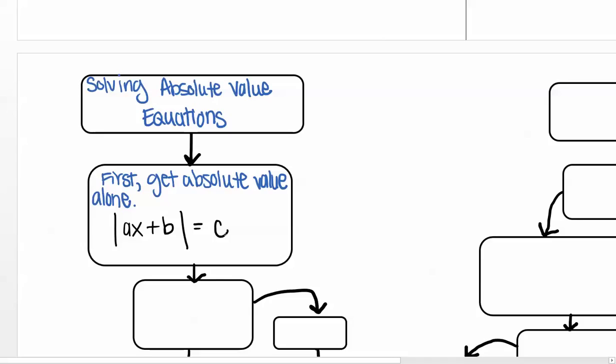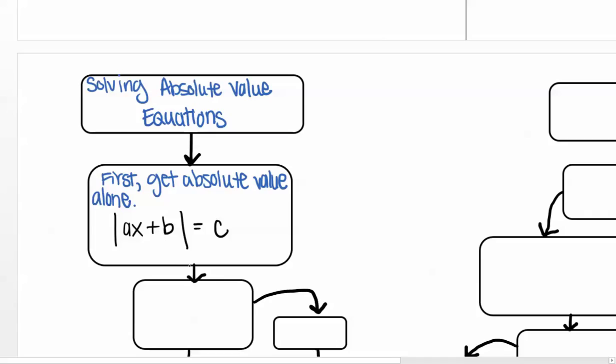So c is just some number on the other side. If there's anything multiplying by the absolute value, don't distribute it. You cannot distribute with an absolute value. You would want to divide both sides by that. If there's anything adding or subtracting to the absolute value, you want to move that over, just like you would in a regular old equation. But think of it like you're undoing what's happening to the absolute value.